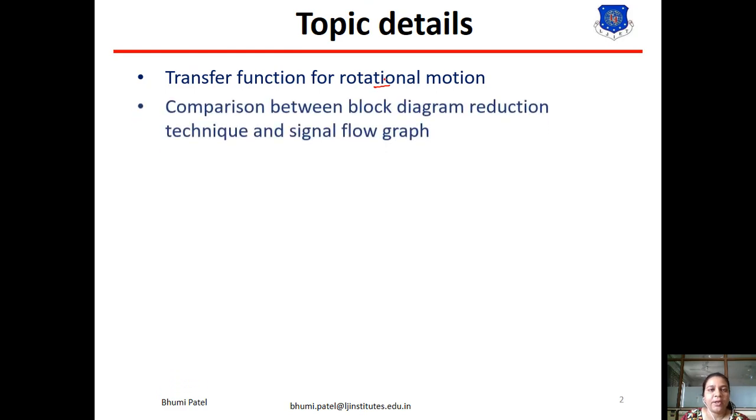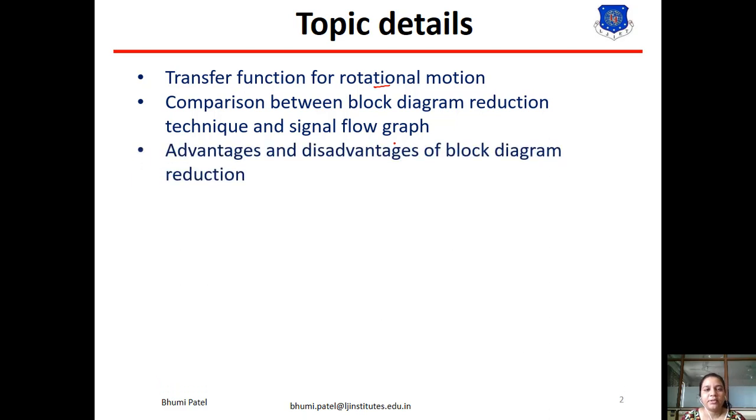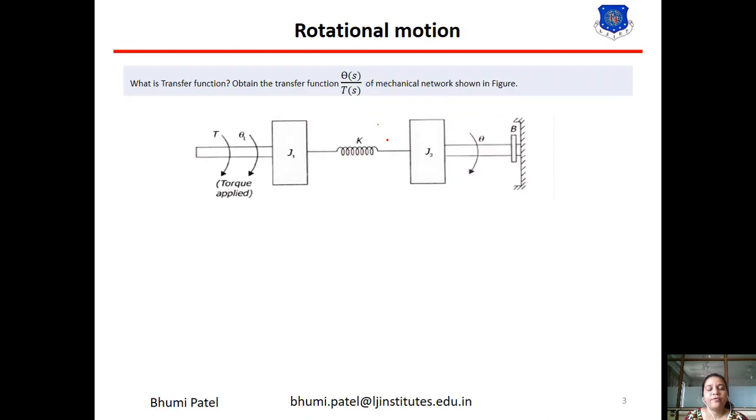The second topic is the comparison between block diagram reduction techniques and the signal flow graph technique. The third is the advantages and disadvantages of block diagram reduction, and the fourth one is the properties of signal flow graph.